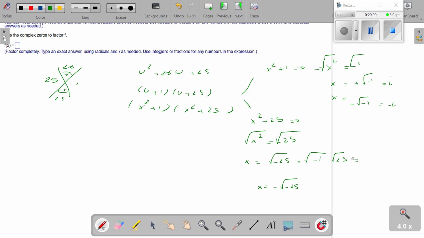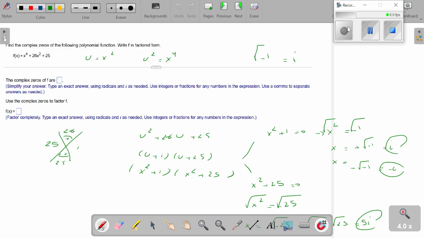Square root of negative 1 is i, square root of 25 is 5, so I can write that here. The same is here. So I have negative i and the square root of 25 is 5. So the roots are i, negative i, 5i, and negative 5i.